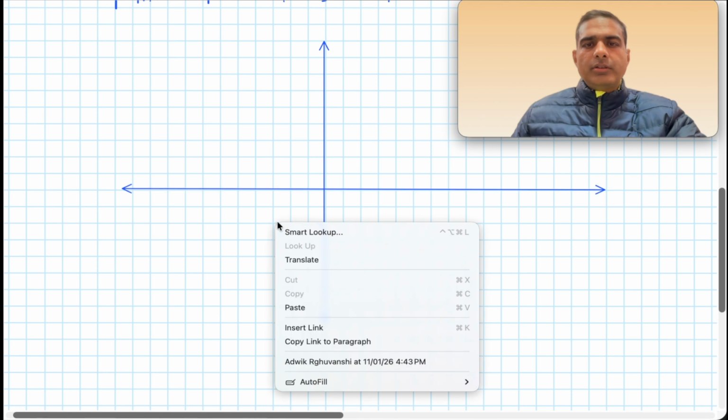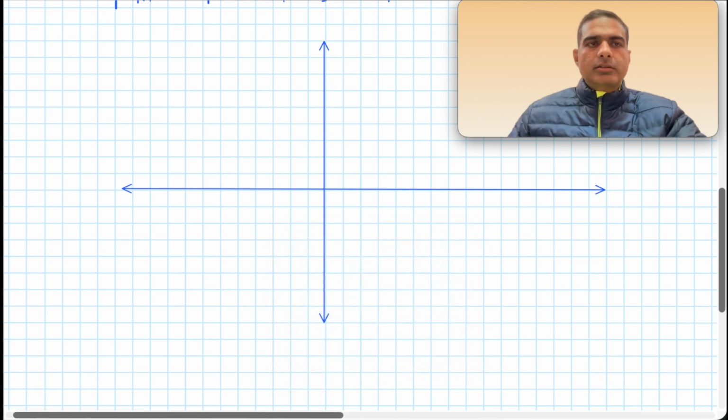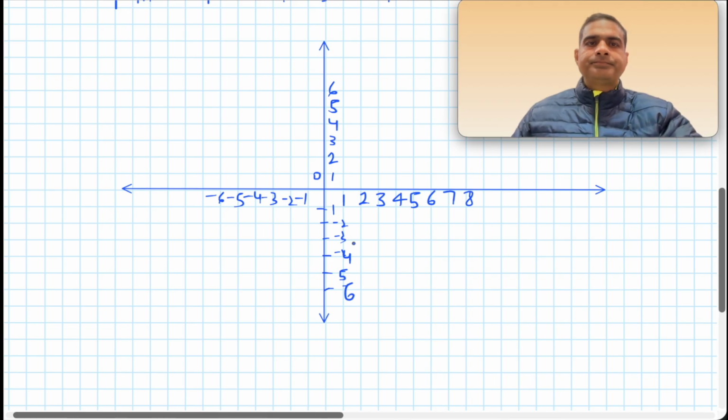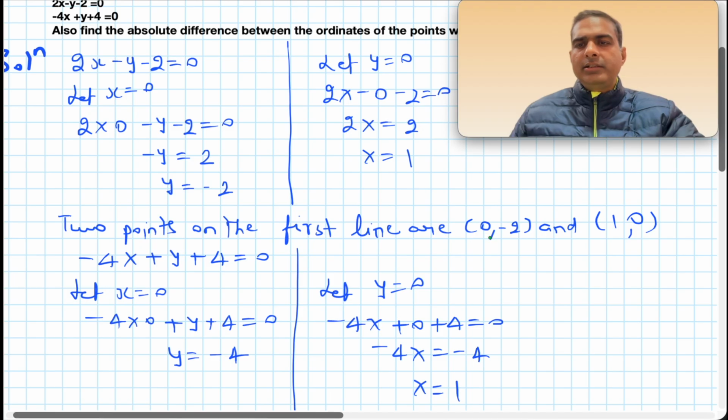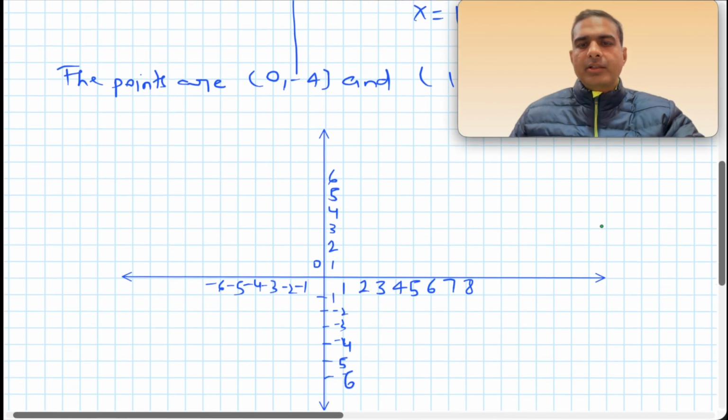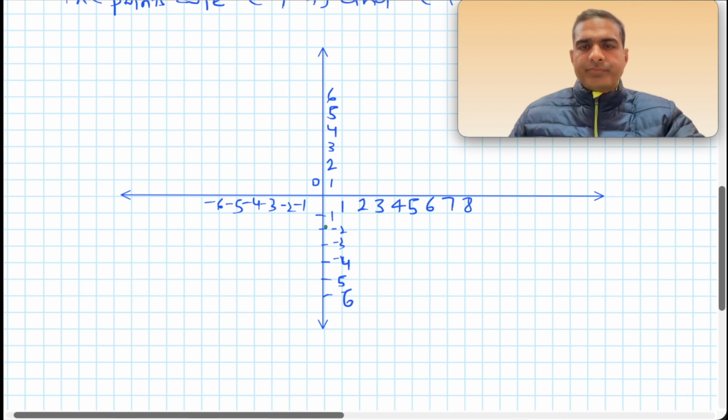So the point where both the axes intersect is origin, so that is 0. And then we can go 1, 2, 3 and minus 6. Okay, so let's draw the first line. So the first line, it is passing through 0 comma minus 2 and 1 comma 0. So 0 comma minus 2, x is 0, so we know that x is 0 on y-axis.